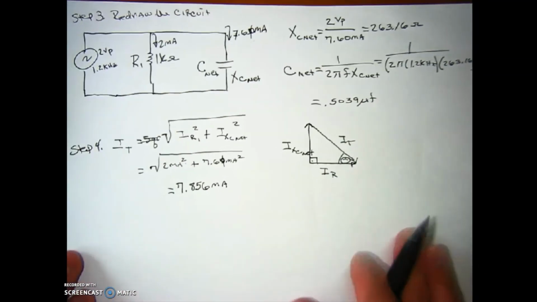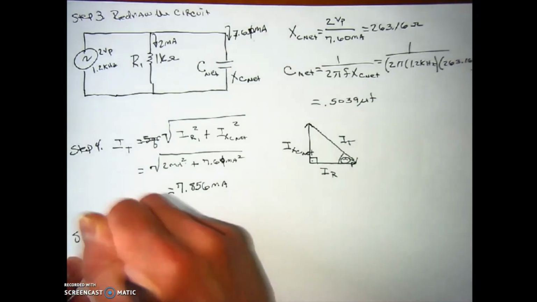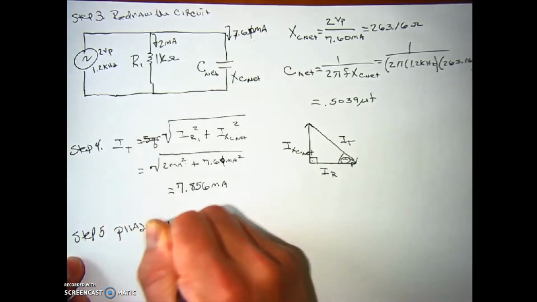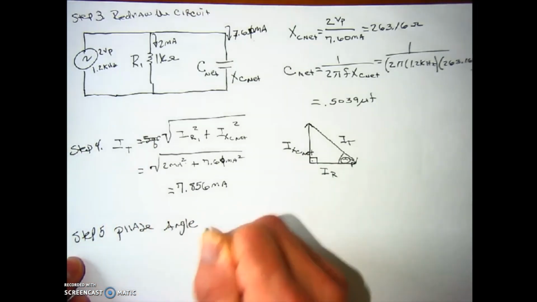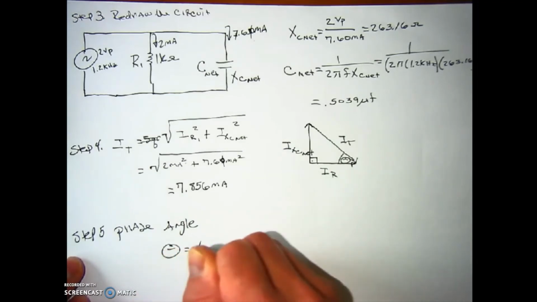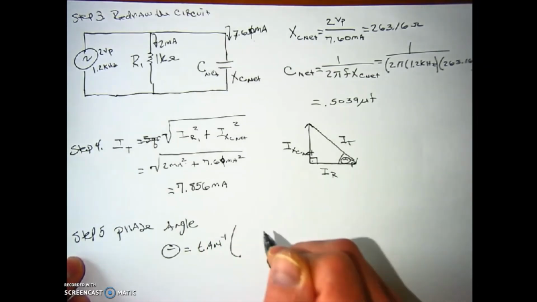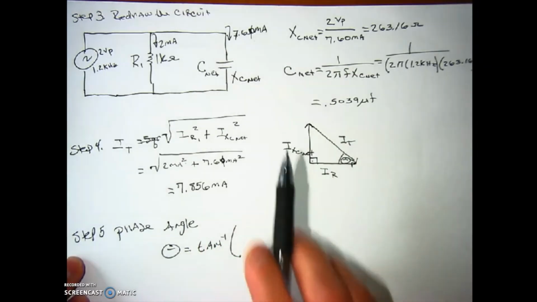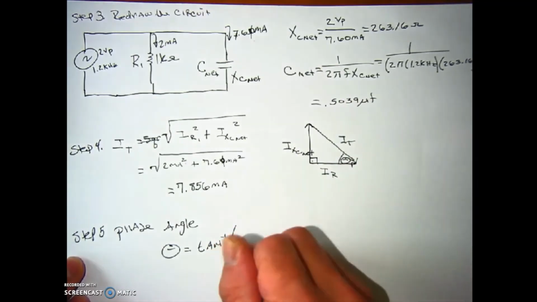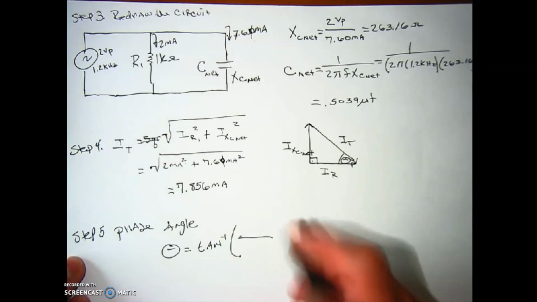So step 5 here requires us to solve for the phase angle. And the phase angle, theta, is equal to the arctangent. Since we're using capacitance, the phasor is pointing upward, not downward, so it's going to be positive. Excuse me, the phasor, not vector, the phasor.